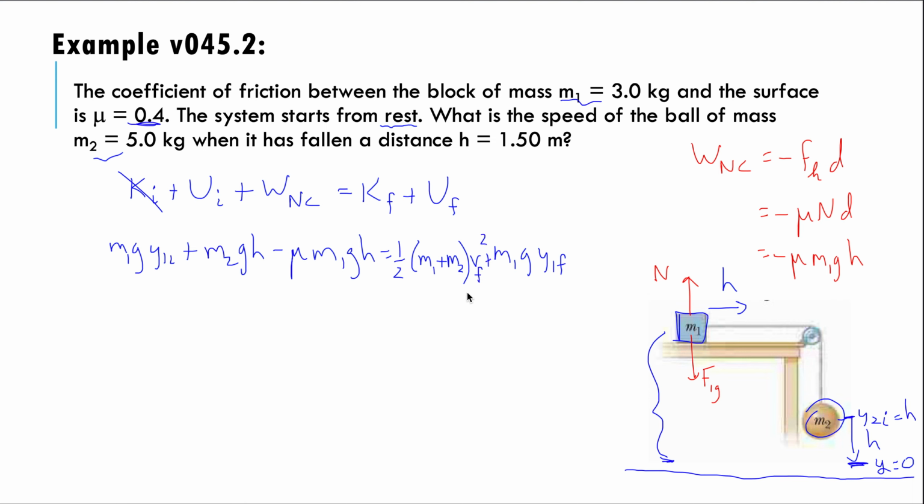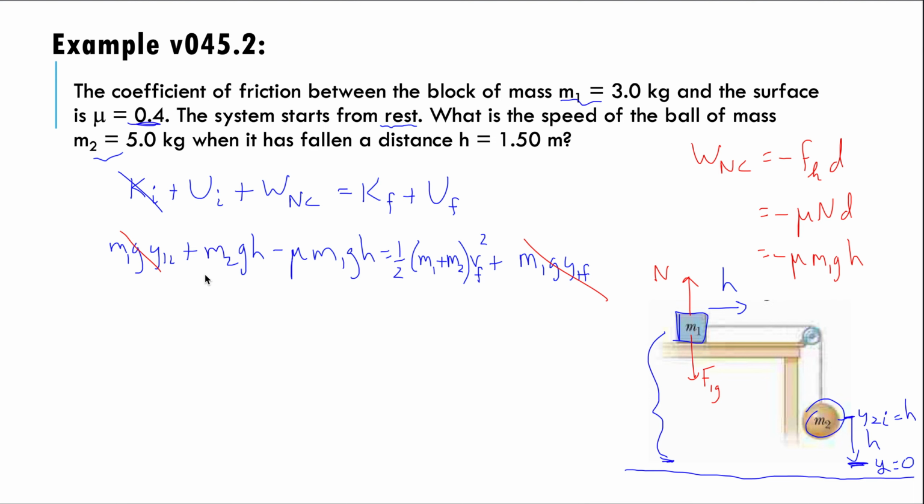So we can do it like this, plus m1 g y1 final. We're just writing it like this instead of writing the kinetic energy term twice, once for each mass. So we said that the gravitational potential energy of mass 1 is going to be the same initially and final. So we only have 3 terms left, and we have to solve for v final.